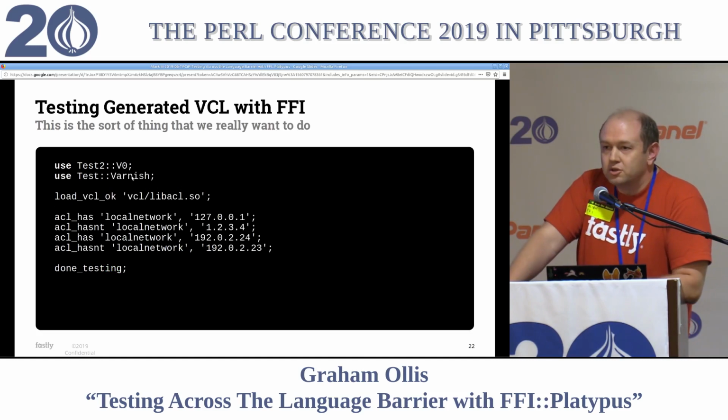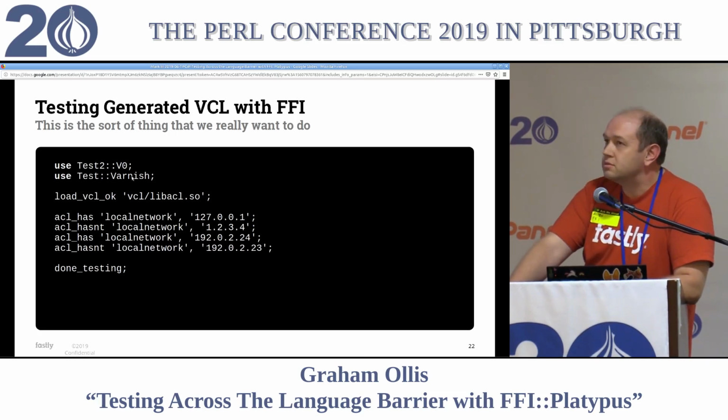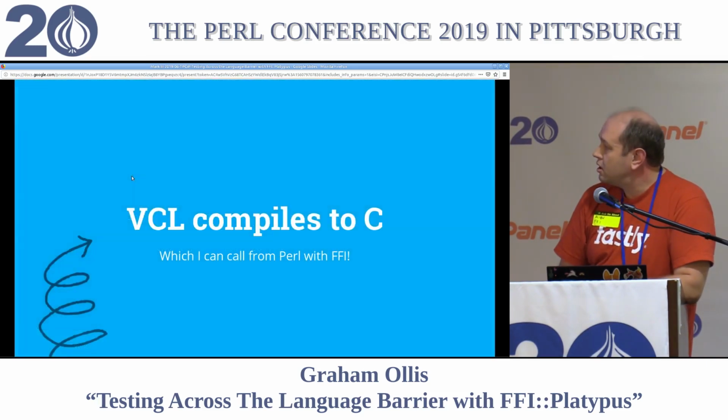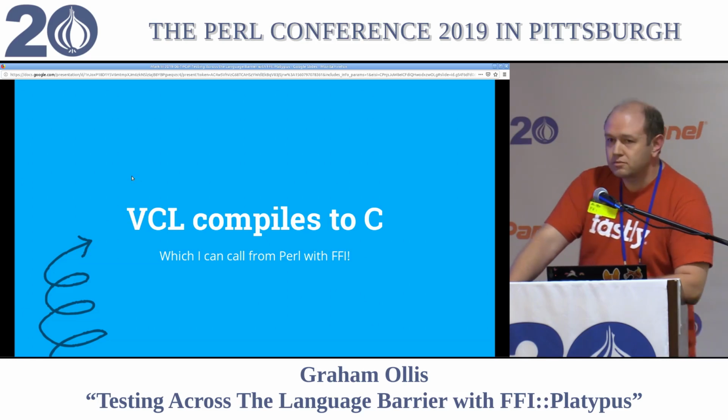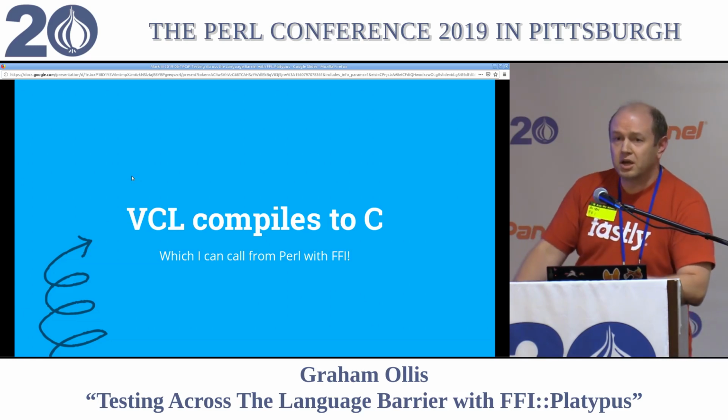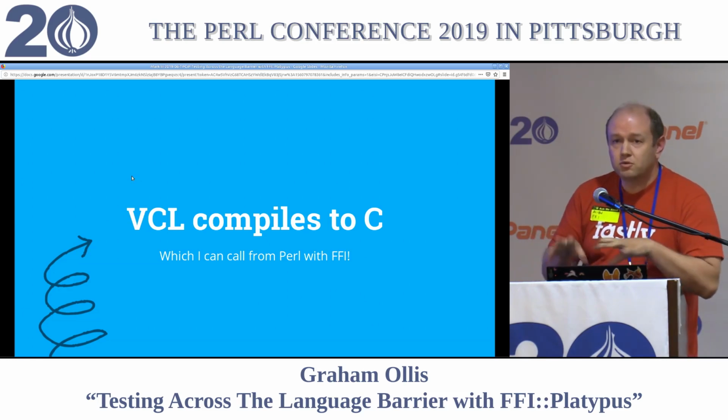So what we really want is to be able to load that VCL in Perl and run tests against the ACL in our test itself. So one way we can do that, remember VCL gets compiled to C, and I can call C from Perl. This is my thing. Again, I see dynamic libraries and I always want to call into them.